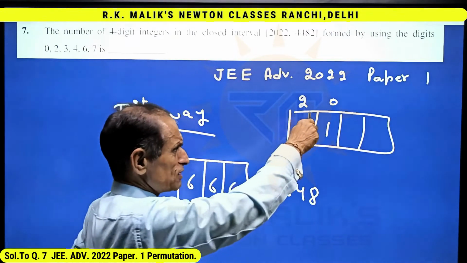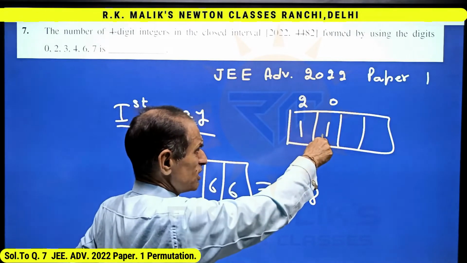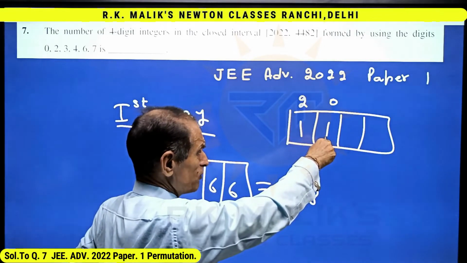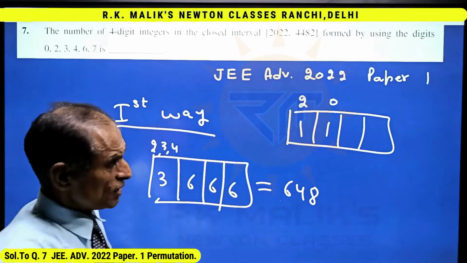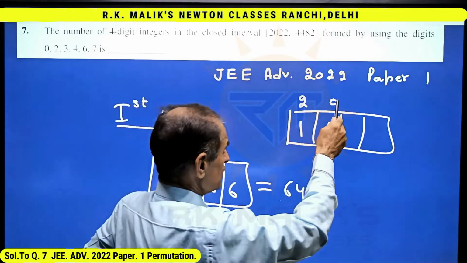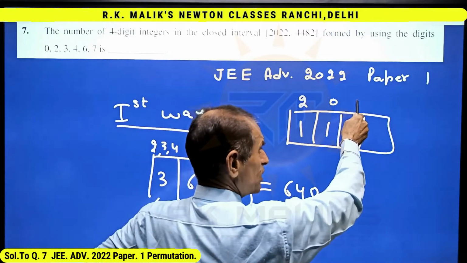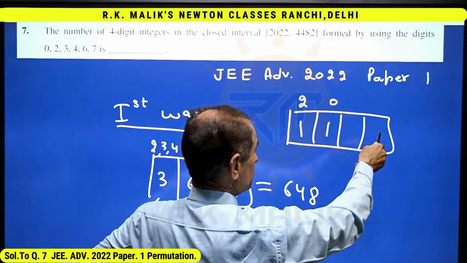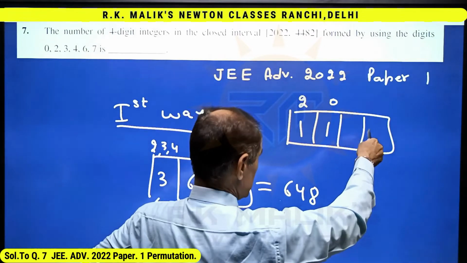Therefore, this place can be filled by only 0, that is, this place can be filled in only one way. And now in the last two digits, if 0 comes here, then this place can be filled in 6 ways.